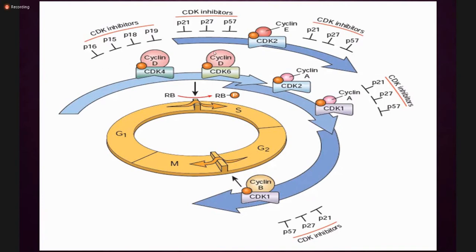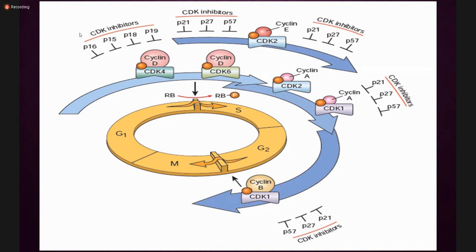When these cyclins and cyclin-dependent kinases combine, they phosphorylate the retinoblastoma protein. And as you can see, there are a number of cyclin-dependent kinase inhibitors. These are all tumor suppressor genes because they suppress the progression of the cell cycle.